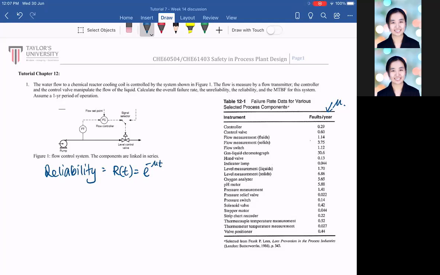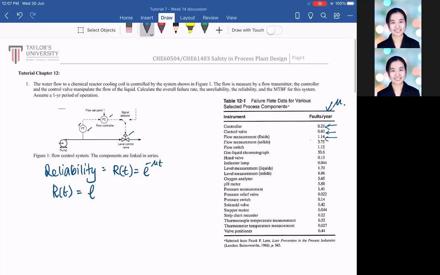So in that case, your R(t) for what we have here: we have a controller, control valves, and also our flow measurements, which is your flow transmitter. So e to the minus 0.29 t.